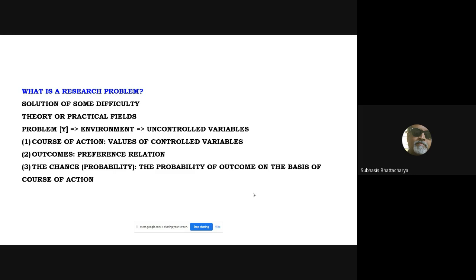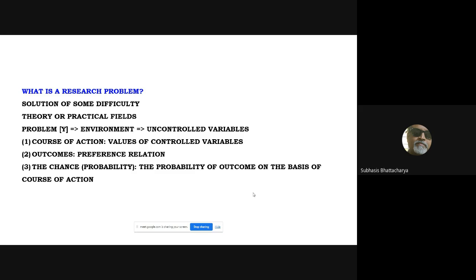It may not be an individual; it may be a group or organizations. So it may be organizations or groups. It is not only the case of individuals, and these are the ones whose problem we have to deal with.